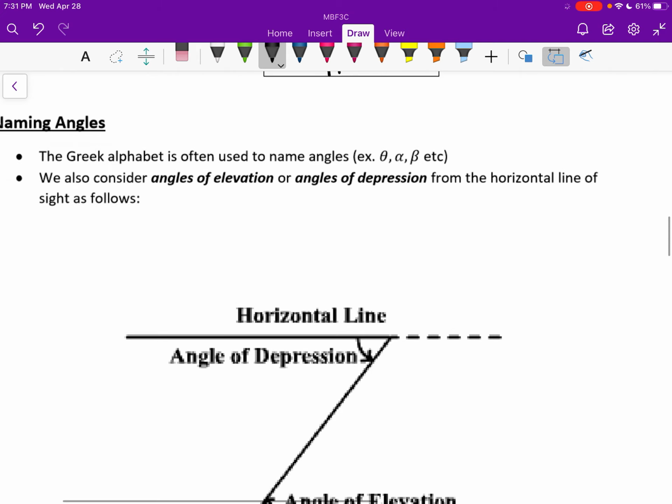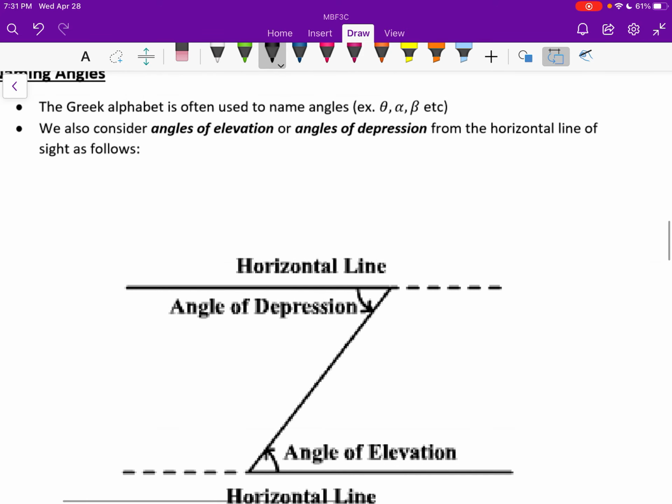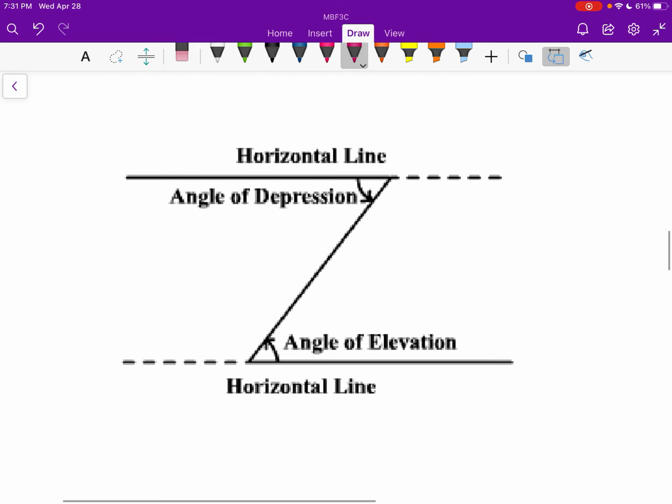Going from that, we're going to be talking a lot about angles of elevation and angles of depression. In the Greek alphabet, we usually use theta, alpha, beta to describe angles. We consider something called an angle of elevation and depression. I'll start off with what an angle of elevation is. Say this is your horizontal line right here.